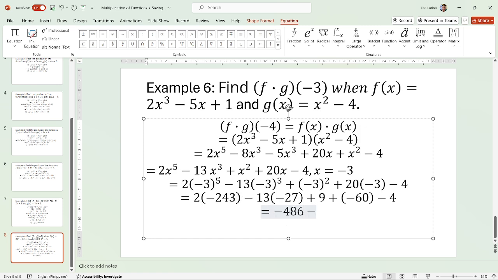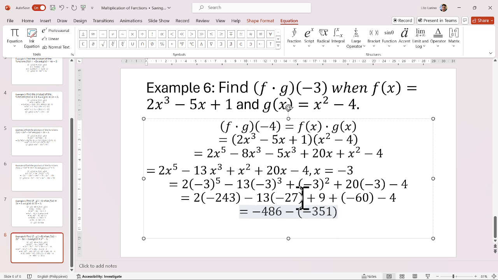We have minus 13 times negative 27. Let's use our calculator. 13 times 27 is equal to 351.